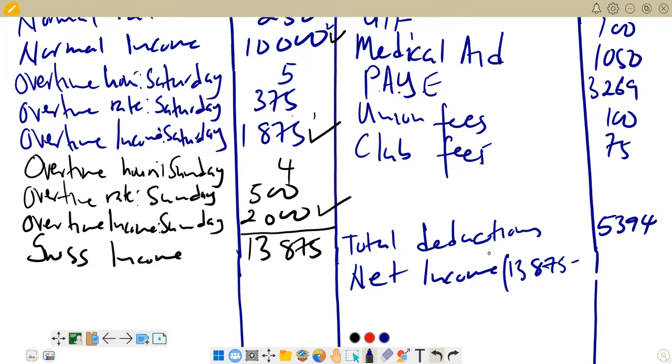Then you subtract the total deductions, which is 5,394, and there you get 8,481. So this one becomes our net income. So that's what we have on the first part, and we check if we've got another following question there.